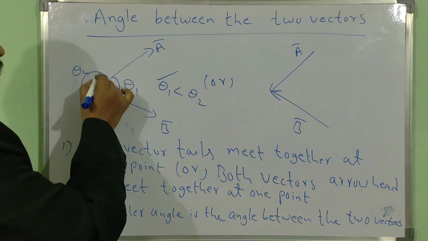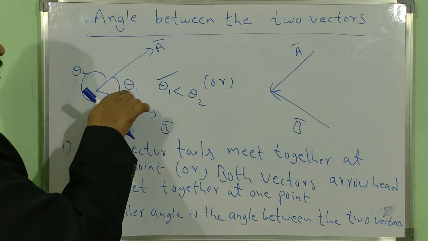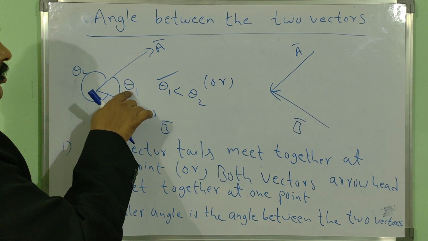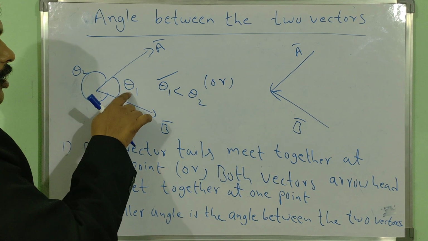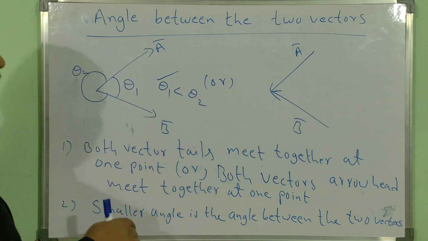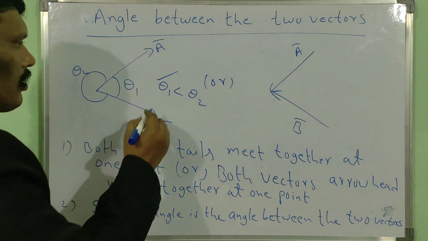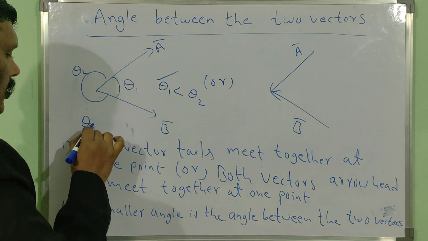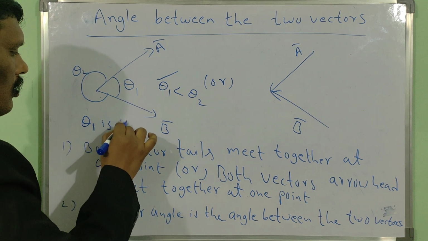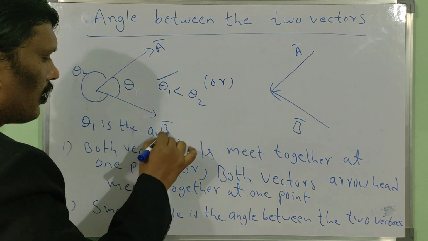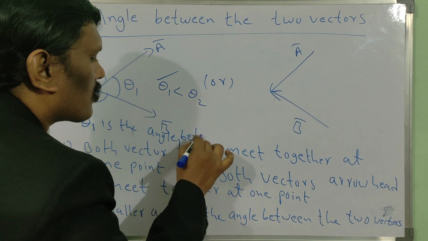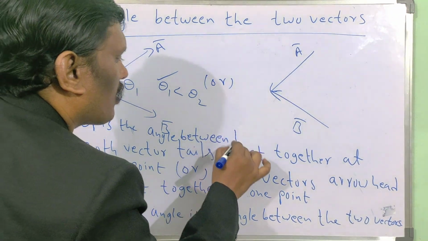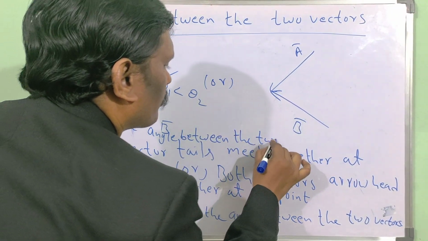Here theta 1, here theta 2. This is the smaller angle between the two vectors, and compared to theta 2, this is the smaller angle. That's why theta 1 is the angle between the two vectors.